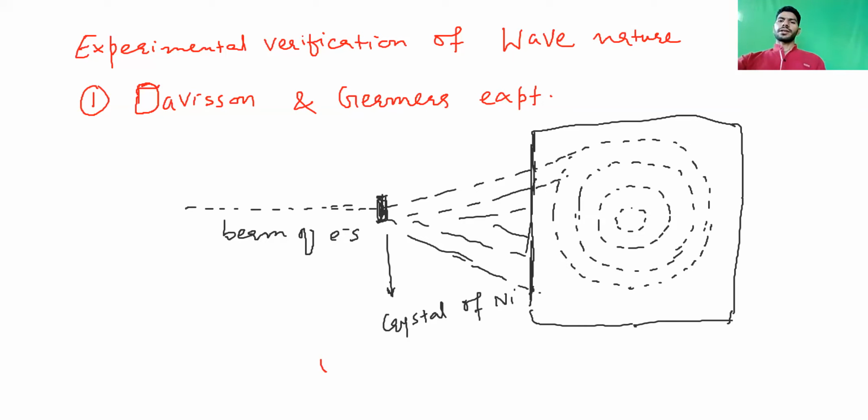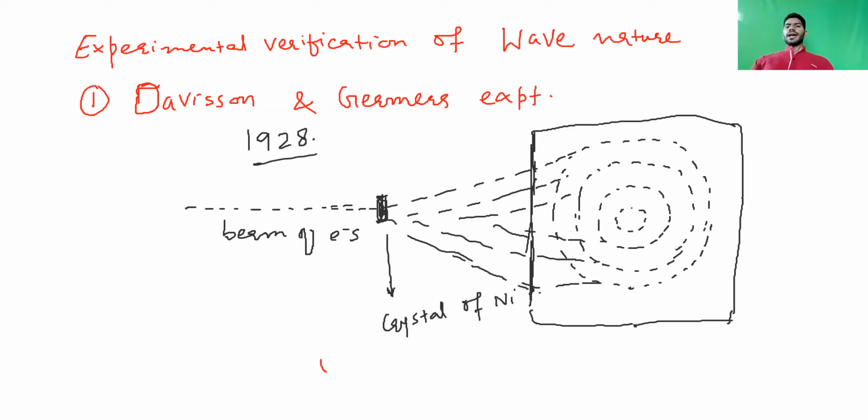This is very important, you have to remember this: when a beam of electrons is bombarded on a crystal of nickel by Davisson and Germer, they observed that a diffraction pattern is obtained here. It is the work of 1928.